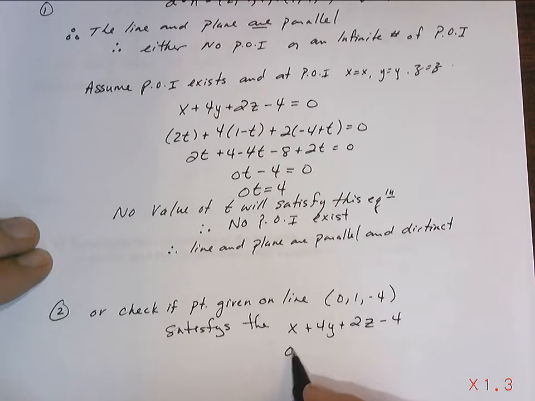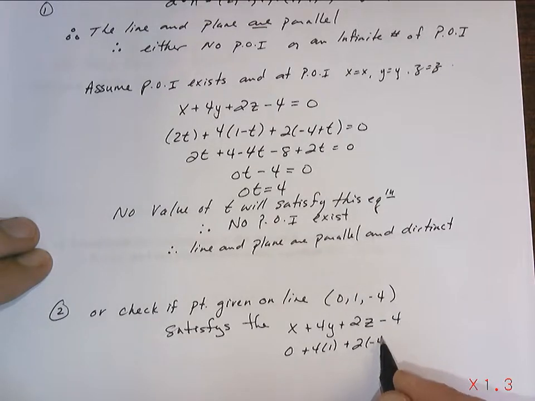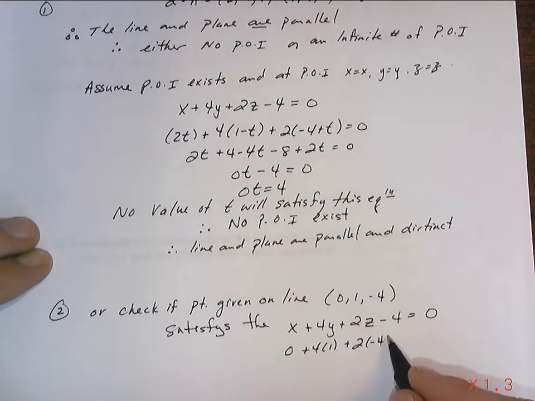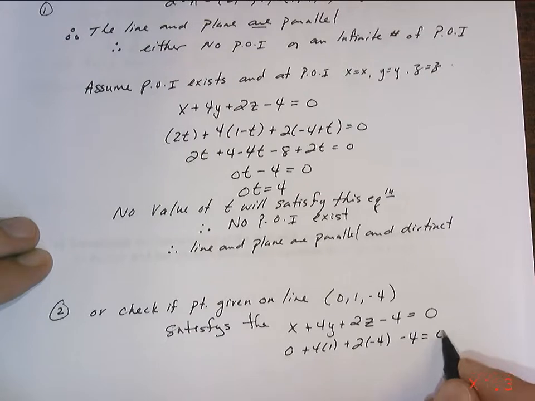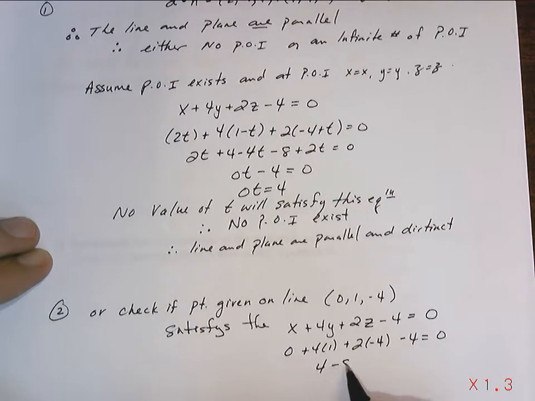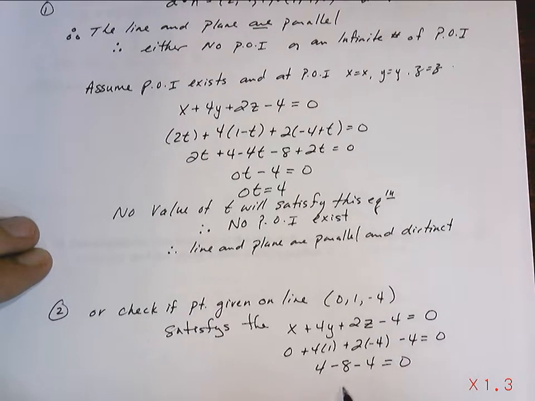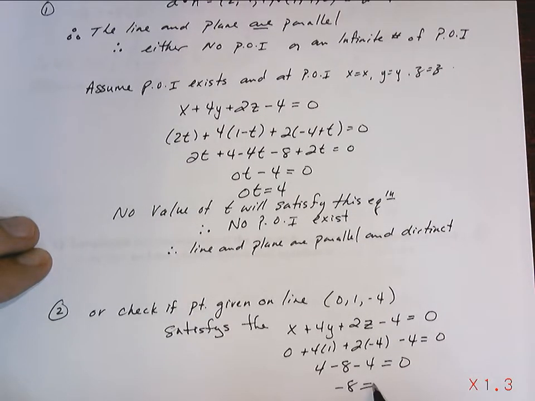Let's plug that in. 0 plus 4 times 1 plus 2 times negative 4. So we're going to get 4 minus 8, minus 4 equals 0. And that is certainly not true. That's going to be negative 8 equals 0.